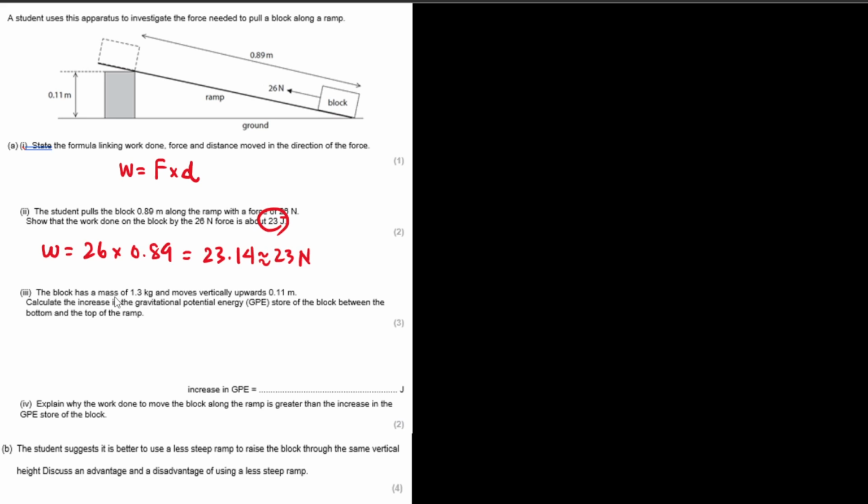Now the block has a mass of 1.3 kilograms and moves vertically 0.11 meter. Calculate the increase in gravitational potential energy of the block between the bottom and the top of the ramp. So you really don't need to do anything. Potential energy is simply mgh, so from this you get 1 mark again.